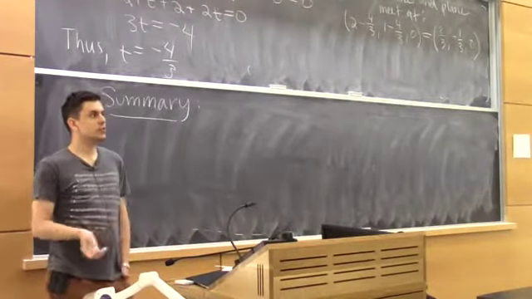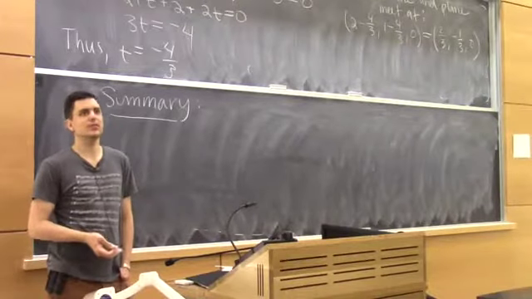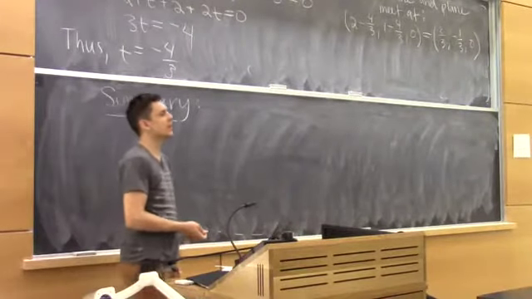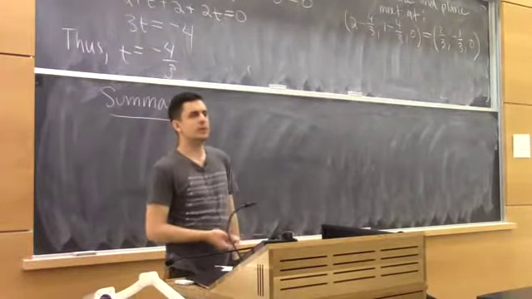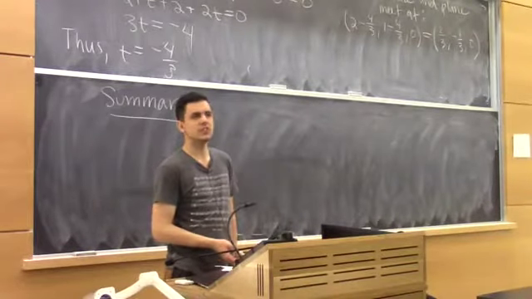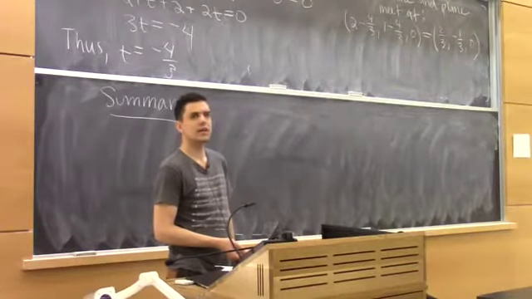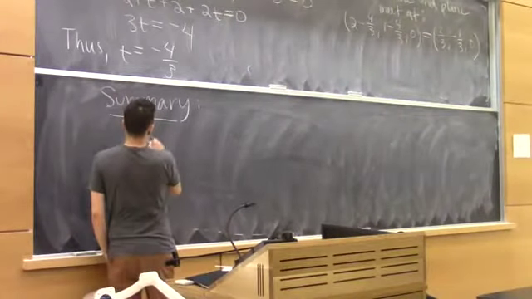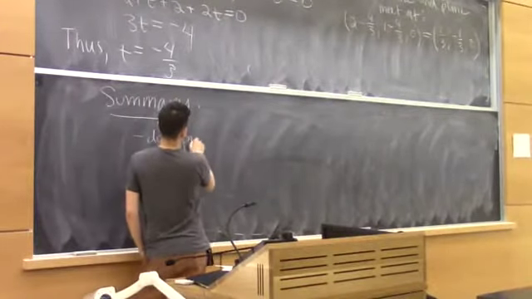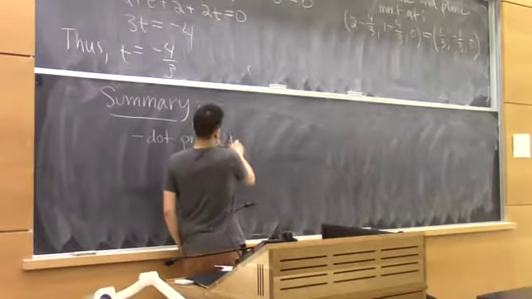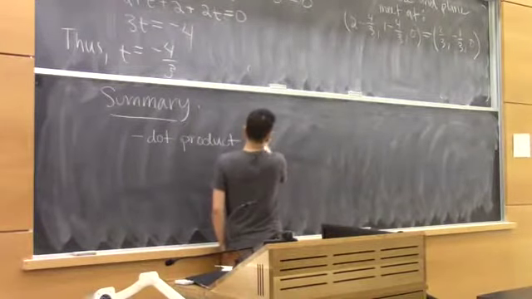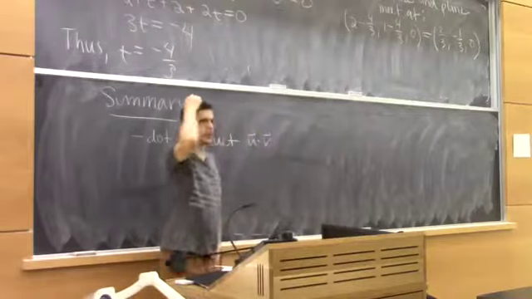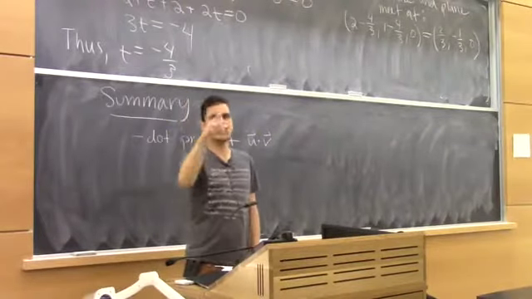Okay, so what did we talk about this week so far? What were kind of the big ideas of last lecture? Dot product, right, totally. Okay, yeah, dot product, what else?